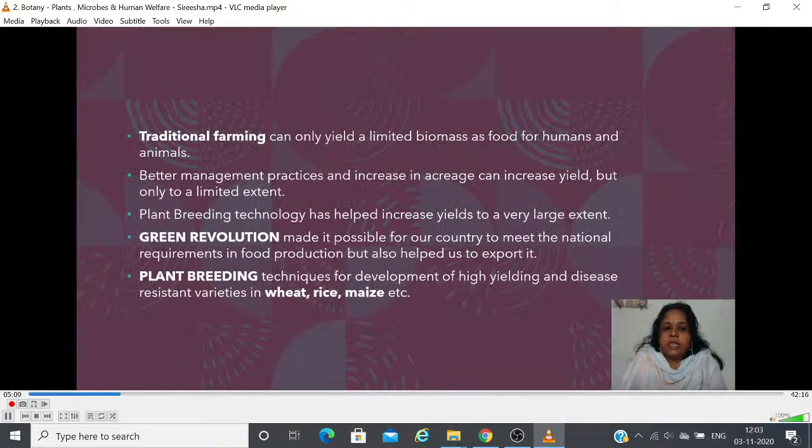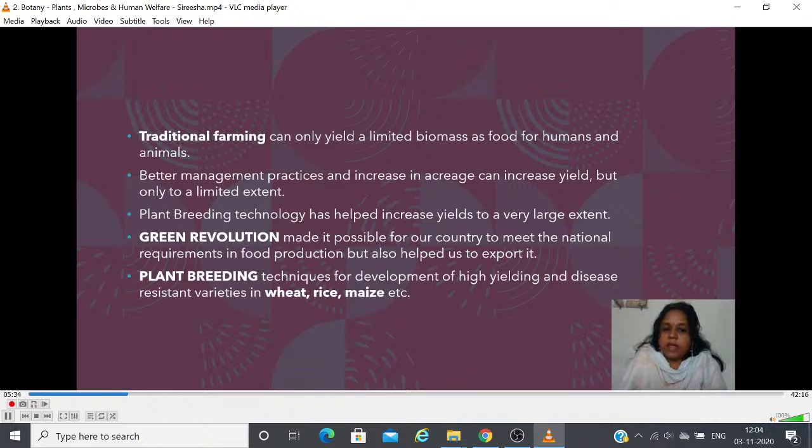Traditional farming can only yield a limited biomass as food for humans and animals. In earlier days we used to practice traditional farming for getting food, but only to a limited extent; it is not sufficient for the whole population. With the increase of population, the yield also should be more.